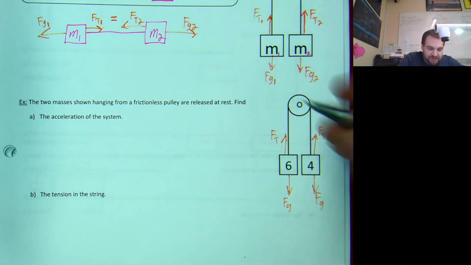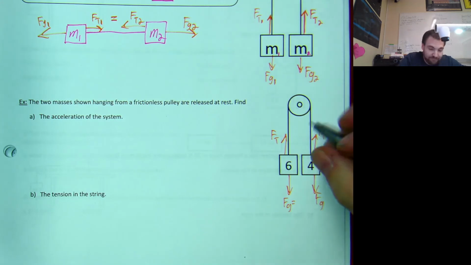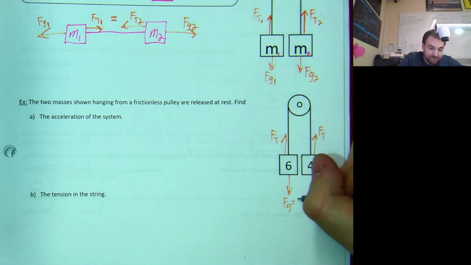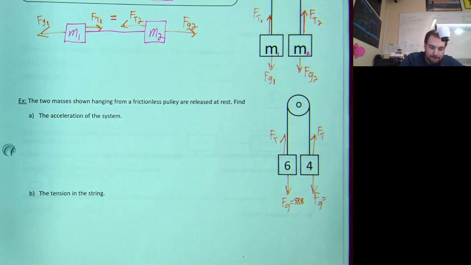What's FG here for the 6 kilogram block? FG is gravity times 6. 58.8. Okay, so that's going to be 58.8 newtons. What's the force of gravity here? 39.2, the same value from the last question.